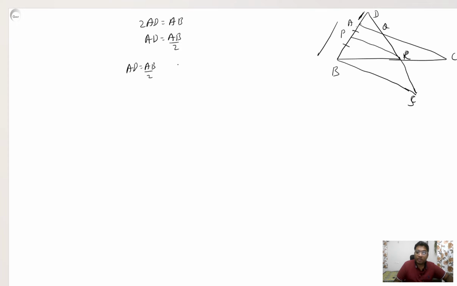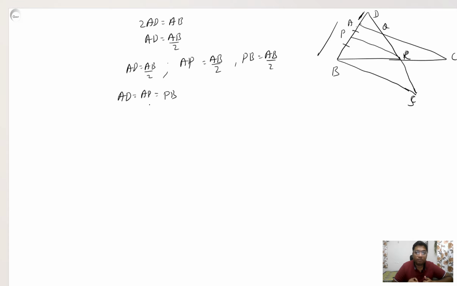But I'm also saying that AP is equal to AB by 2, and PB is equal to AB by 2. So that means I'm saying AD, AP and PB are equal. Guys, I have not done anything here. The question clearly mentioned that AD is half of AB. The question also mentioned that P is a midpoint. Remember, P is a midpoint.